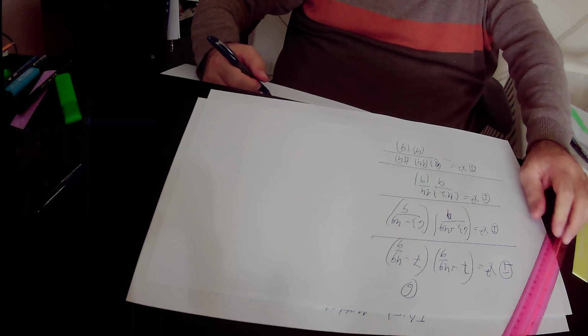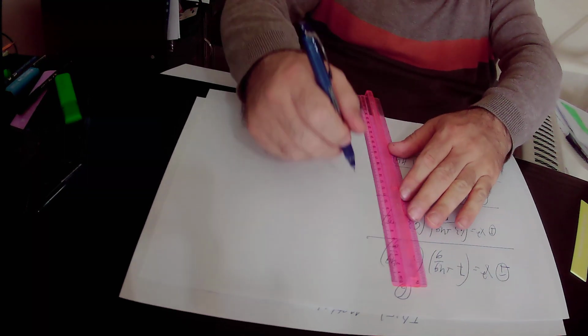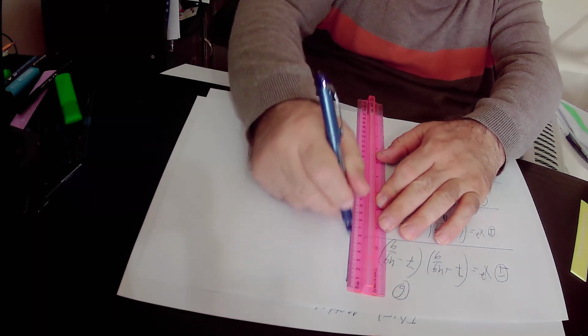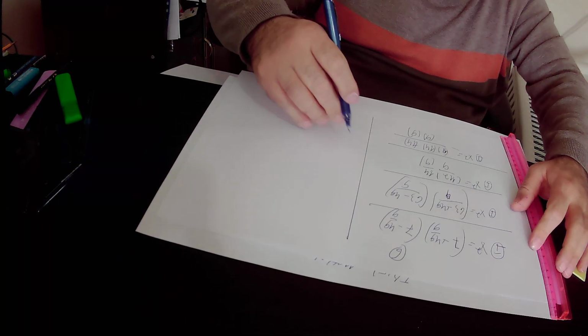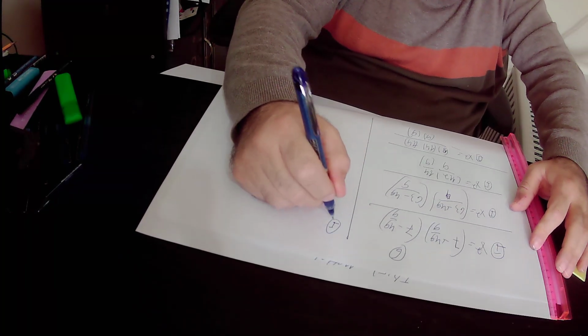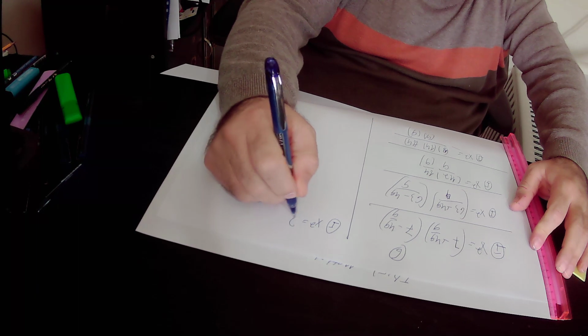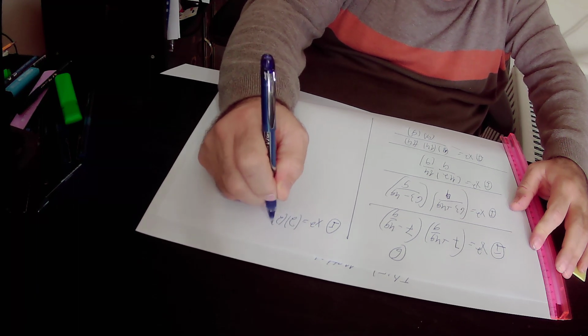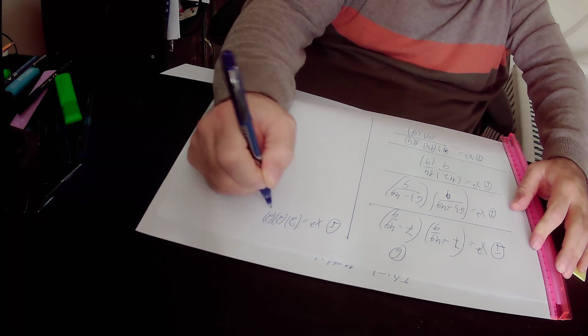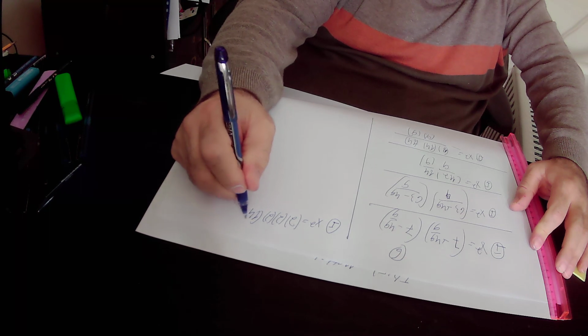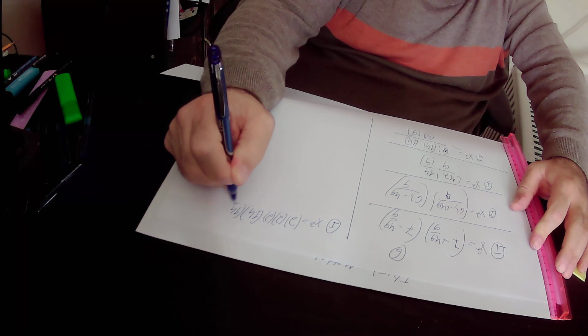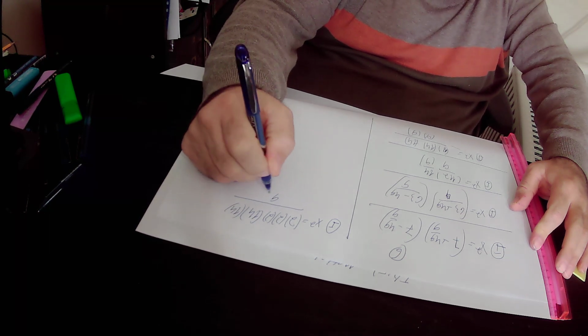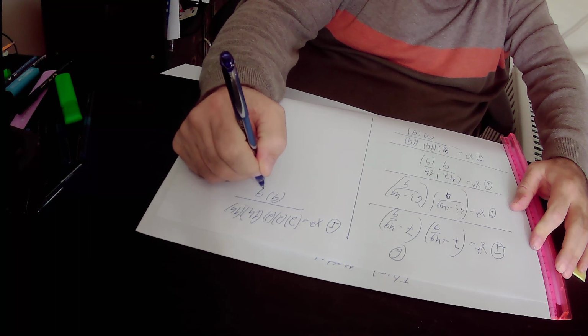So here 8 is 2 times 2 times 2, so I write it down. X squared equals to 2 times 2 times 2 times 14 times 14 over 9 times 9.